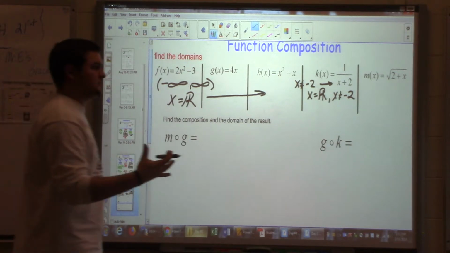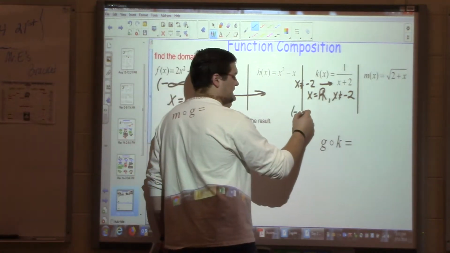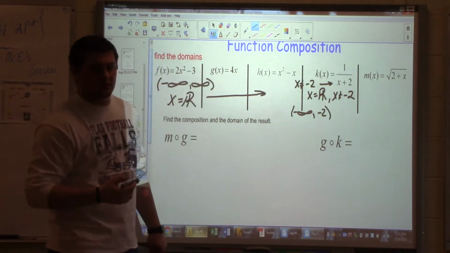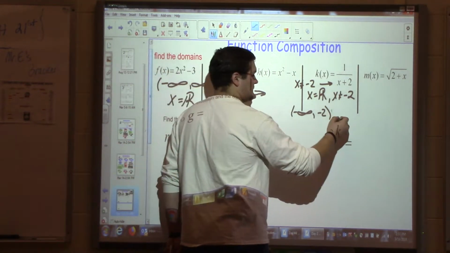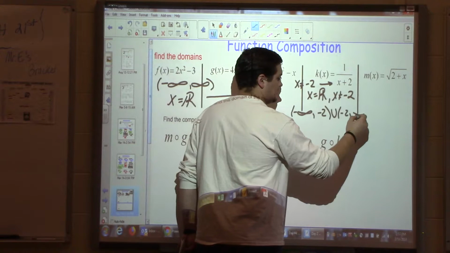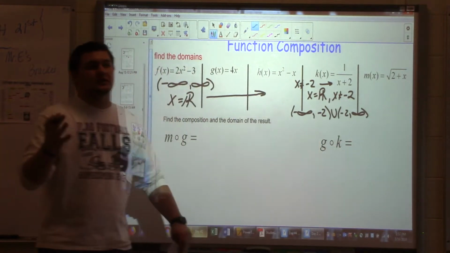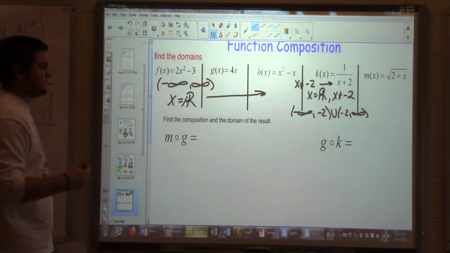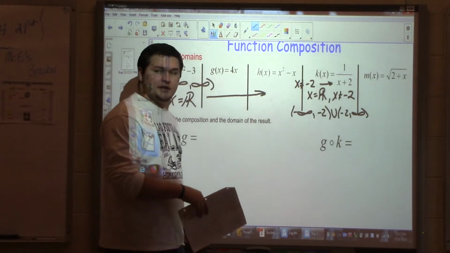Then my interval notation, I know it can be any number from negative infinity to negative 2, but not negative 2. Union, negative 2 to infinity, right? Any of those numbers work besides negative 2 is what I'm saying. So if you don't have the infinity, it's wrong.